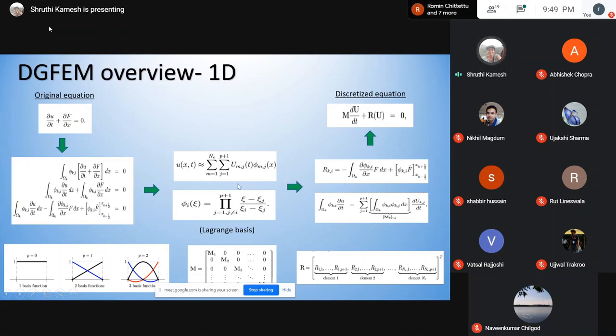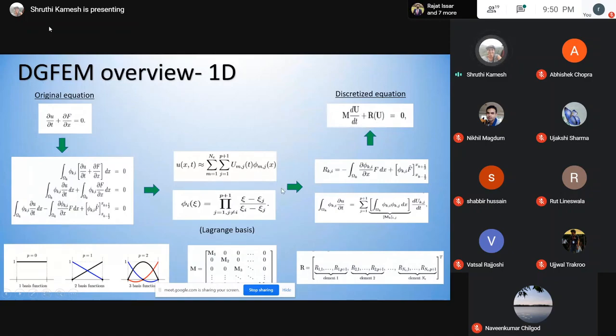So a Lagrangian basis is especially interesting because it's easy to understand and it has local support, which means that each of these functions has its domain constricted to its own element. So phi_mj has no effect whatsoever on, or does not have any presence on, the m plus one element, because these basis functions are focused on the mth element.